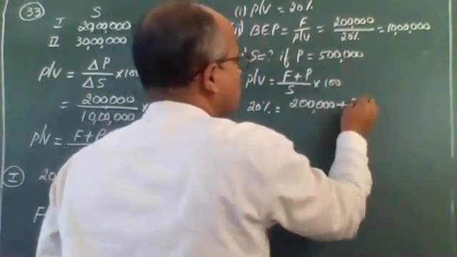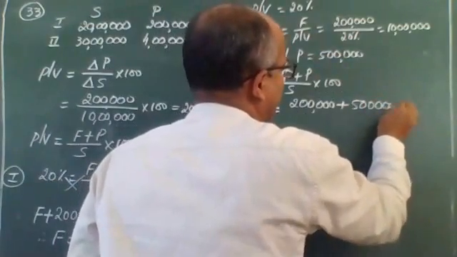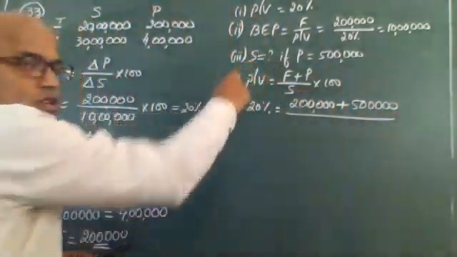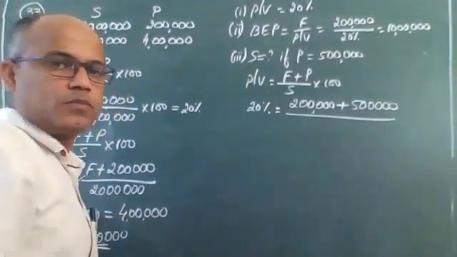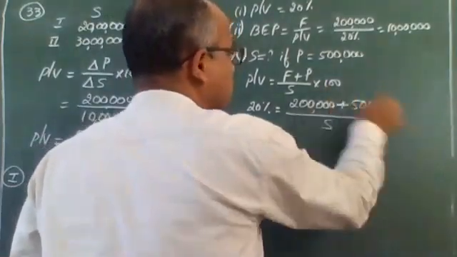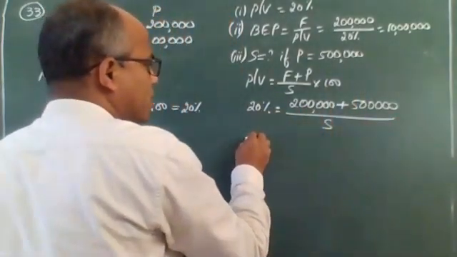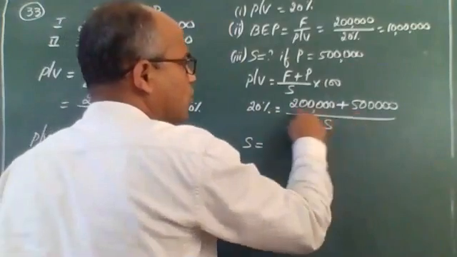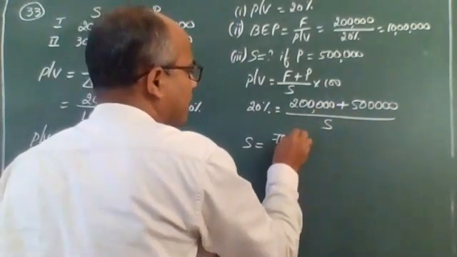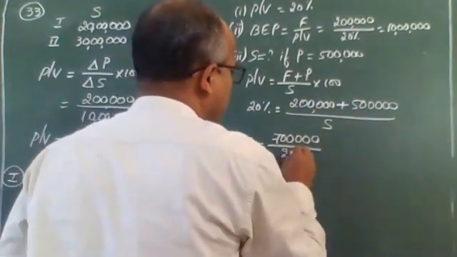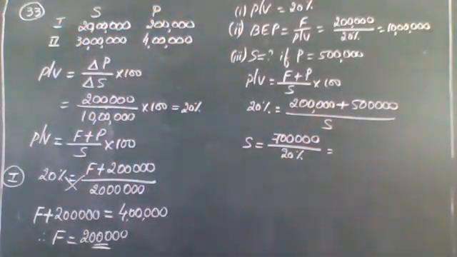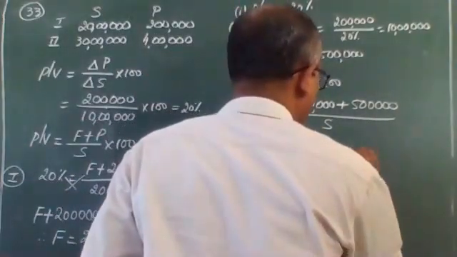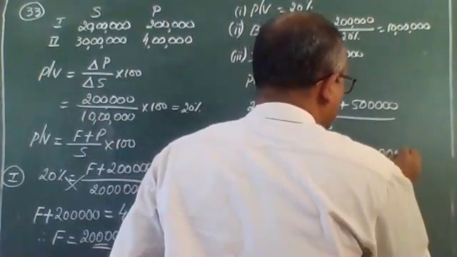Plus profit, what he wants is 5 lakhs, by sales, which we need to find out. Sales is a question mark. So it is 20% of sales. Sales is equal to 2 plus 5, which is 7 lakhs, divided by 20%. That comes to 35 lakhs. So the answer is 35 lakhs.